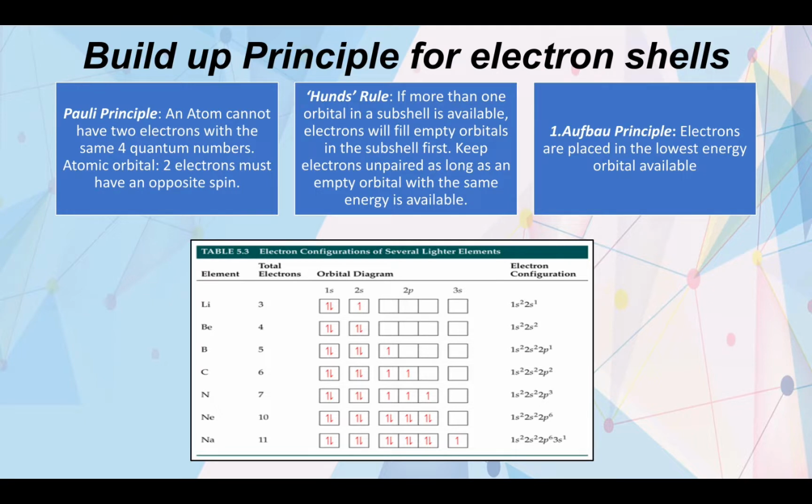For example, we must fill electrons into 1s first, then 2s, then 2p, 3s, 3p, 3d, 4s, 4p, and so on. For the Pauli principle, electrons are filled into the subshell in the opposite direction of the arrow. An atom cannot have two electrons with the same quantum numbers.